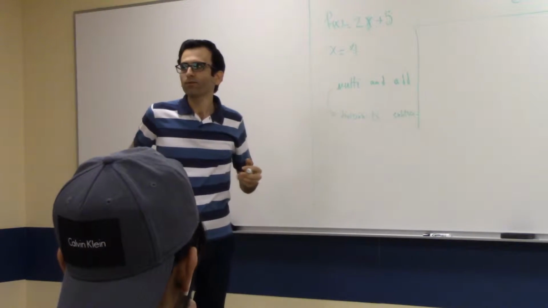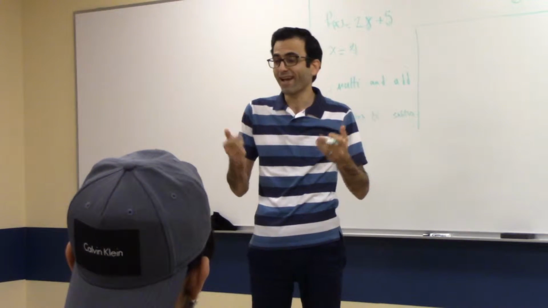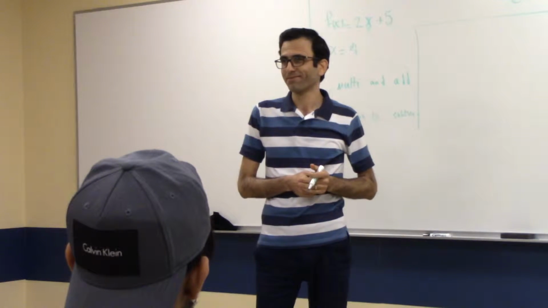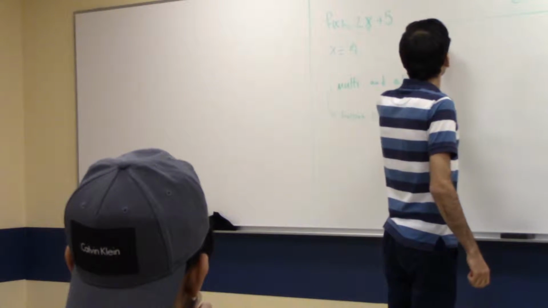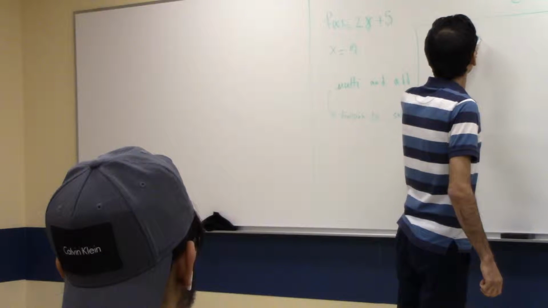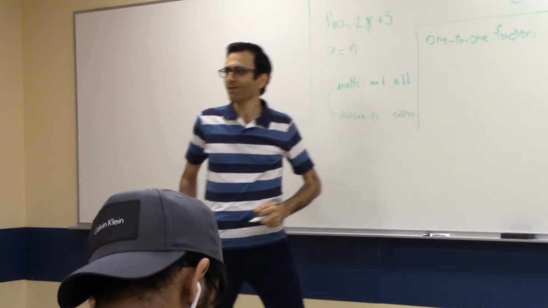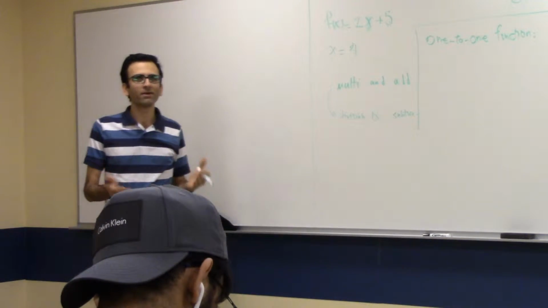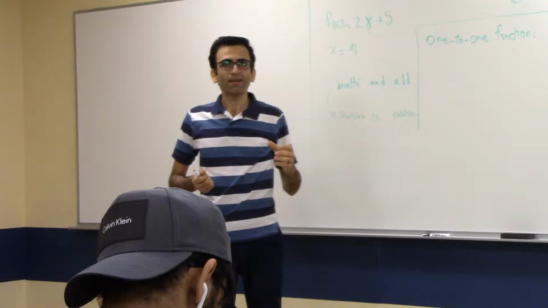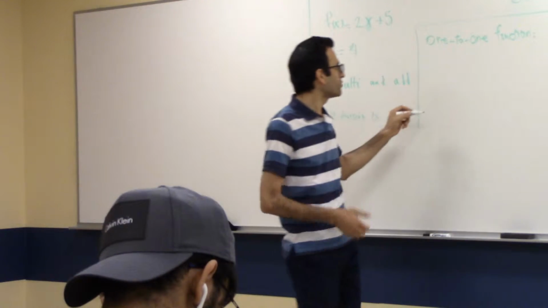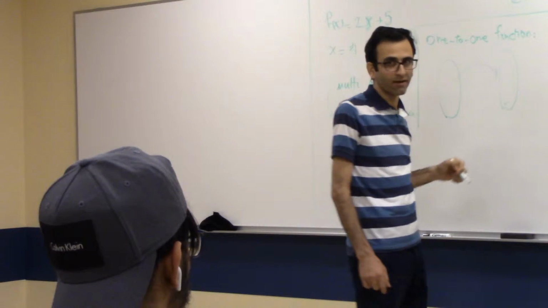To describe the criteria, I have to introduce the concept of a one-to-one function. So you may ask me, what's a one-to-one function? Because you're not a mathematician. In simple words, a function is one-to-one if any distinct value of the domain of f goes to a distinct value of the codomain of f.